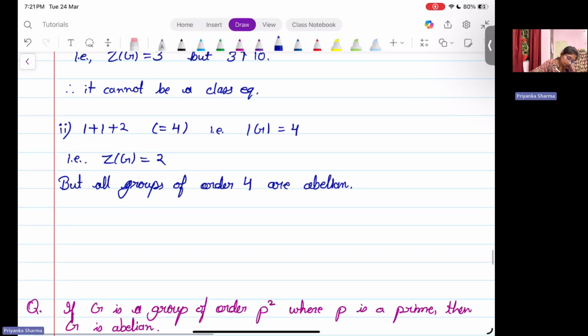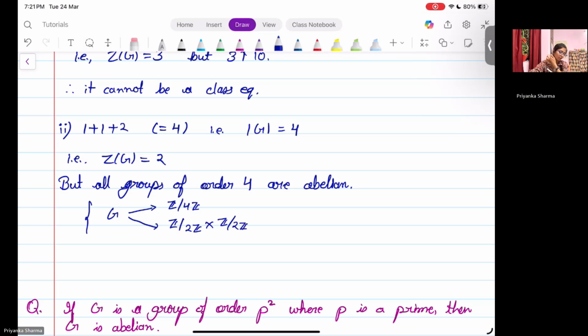Because if we have a group G which has order 4, then it can have two choices up to isomorphism. First, Z mod 4Z, and the second one is Z mod 2Z cross Z mod 2Z. The first one is cyclic, the second one is non-cyclic, but both are abelian.